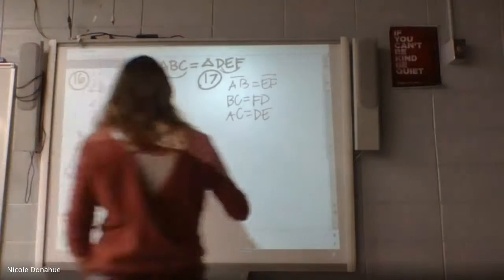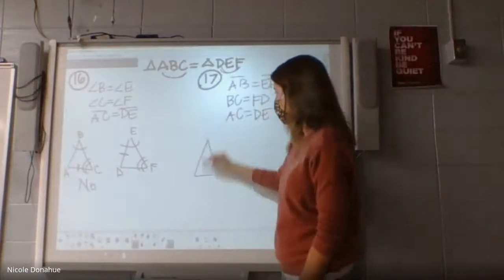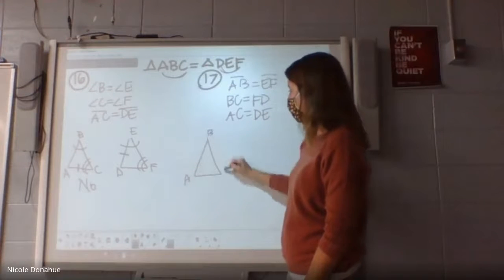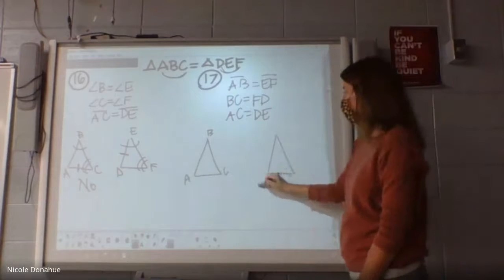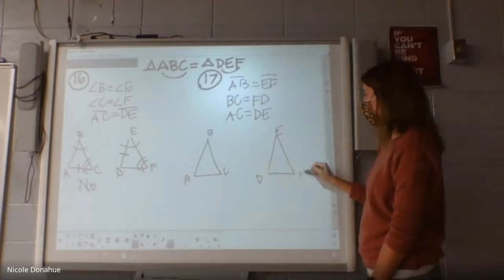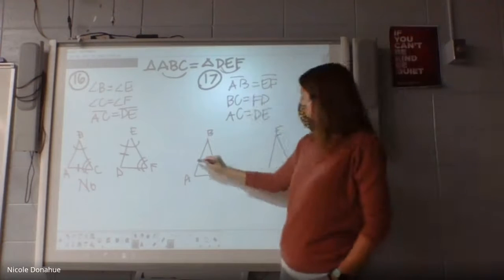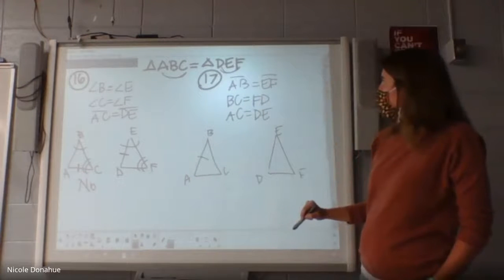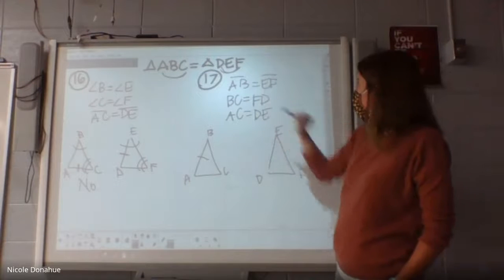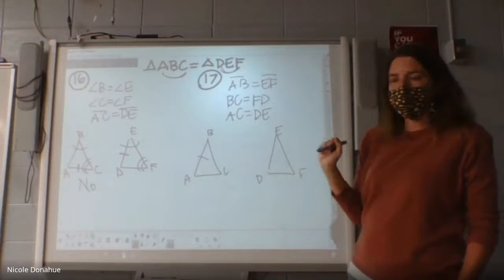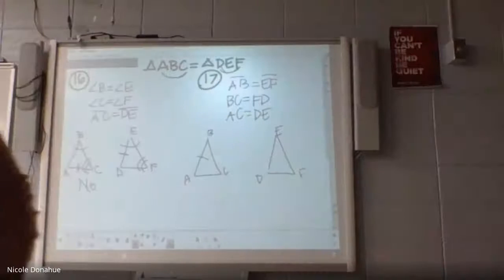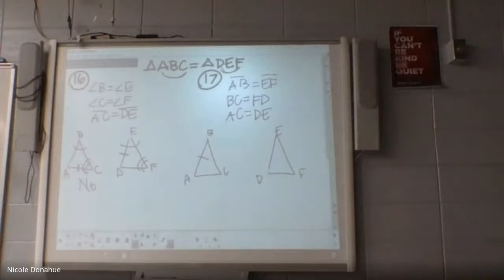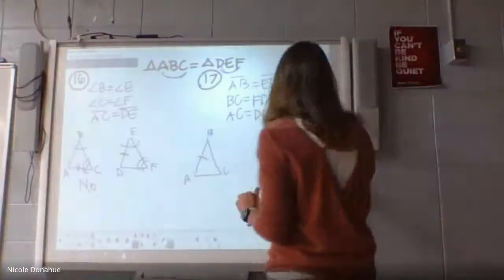All right, same idea on this one. I'm going to draw and mark things up here. So AB equals EF. Oh no, that's already wrong, right? AB shouldn't go with EF, but we have that.